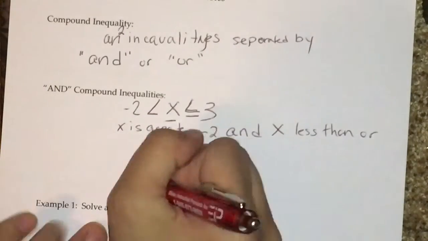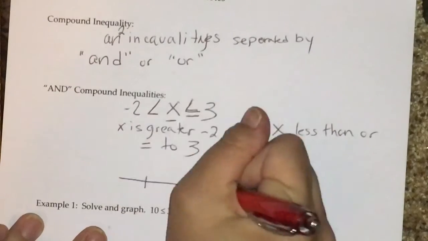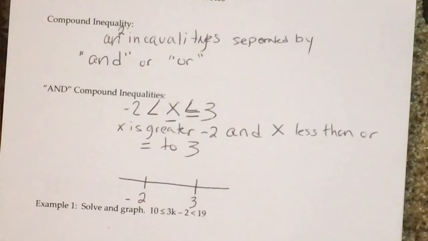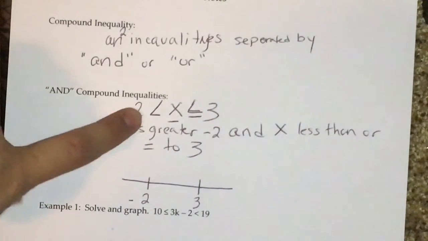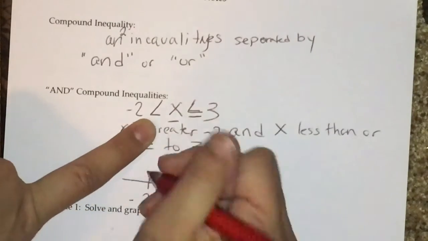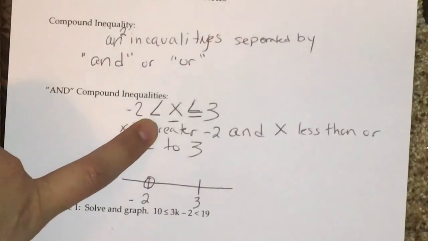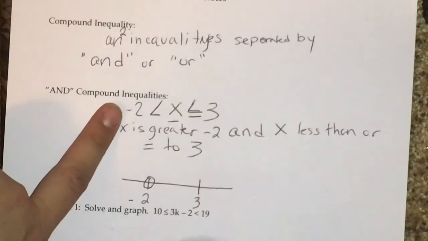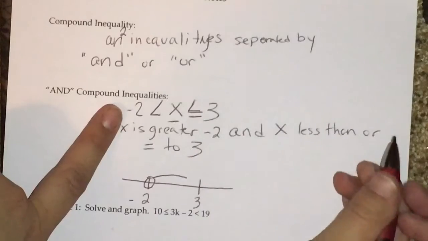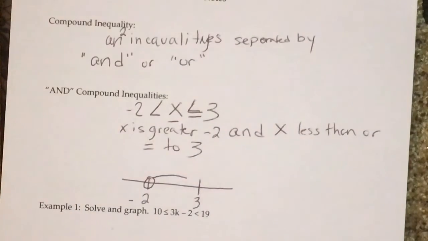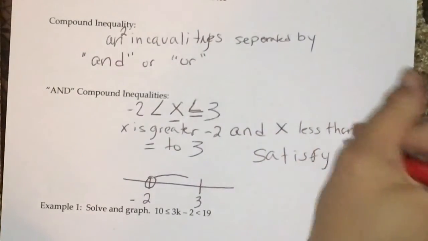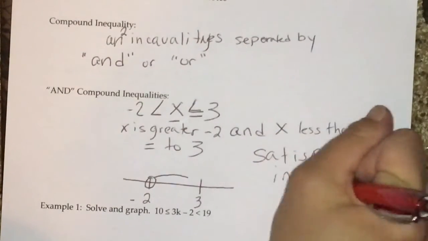Okay, x is greater than, because this side is opening towards the x, -2, and x is less than or equal to 3. So when we graph this on a number line, let's say -2 was here and 3 was here, we would have x is greater than -2. So if it's greater than, it's going to be an open circle. Since it's greater than, it's also going to be going to the right. And then it also says and. That means that it has to satisfy both inequalities.